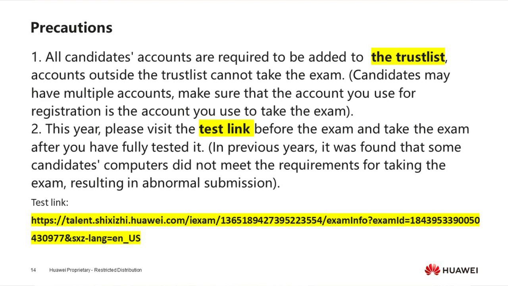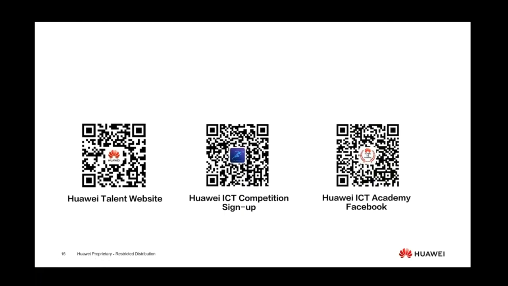Now, I will answer some of your questions in the chat box. There was a question from Harry. Your question was, if you take HCIA for Big Data, Cloud, and AI, which means you have 3 HCIA certificates, will you be able to add them up to 150 points?